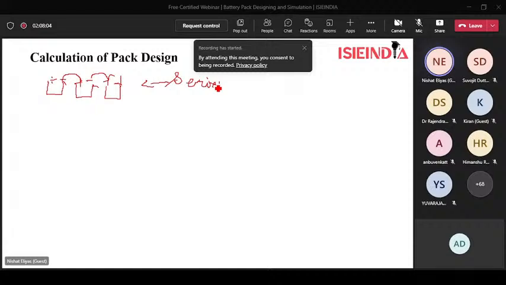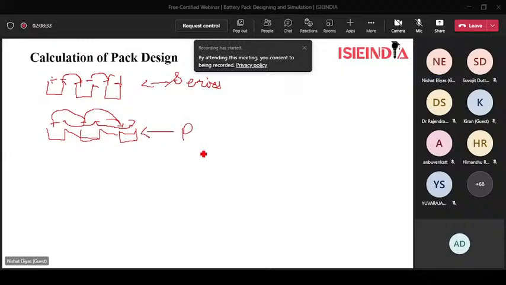This is the series connection. But when anode is connected with the anode and the cathode is connected with the cathode, this is parallel connection.